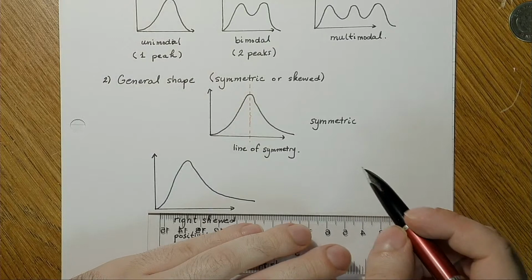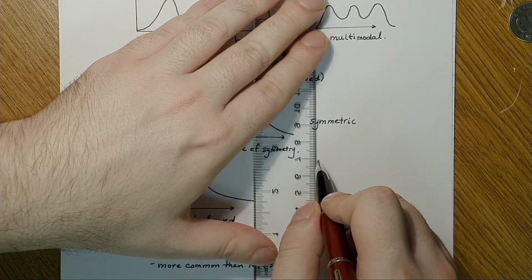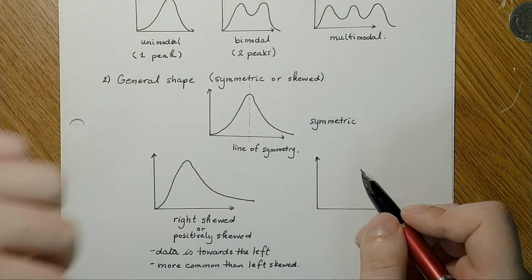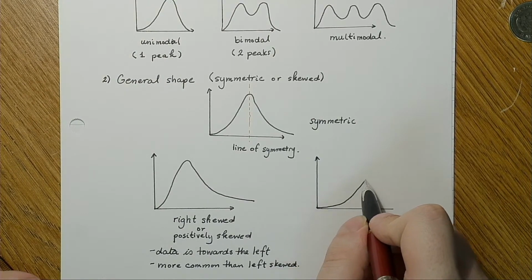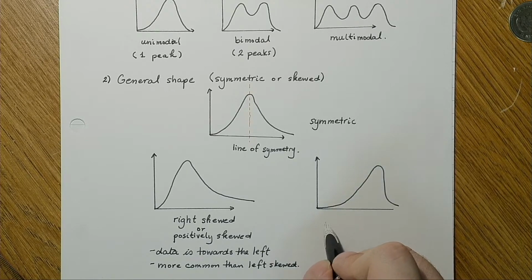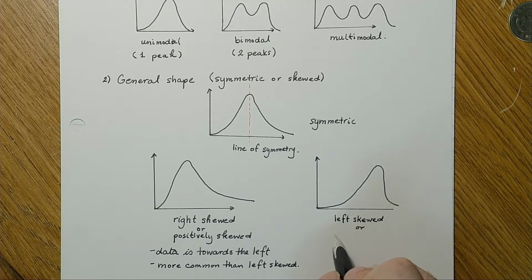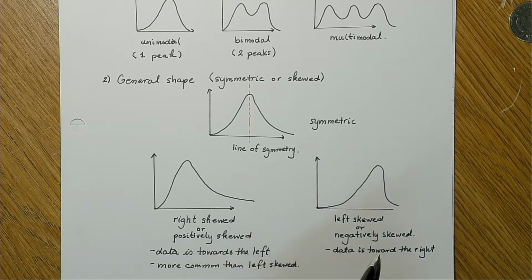So I should also then draw what the left skewed would look like. And the data is to the left, or sorry, is to the right. And these are less common.